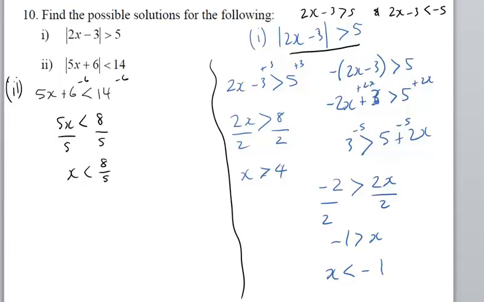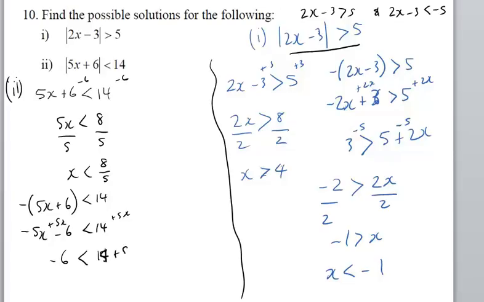For our second case, if we look at our negative, so we have 5x plus 6, and we have a negative out the front, is less than 14. So minus 5x minus 6 is less than 14. So we can add 5x here. Minus 6 is less than 14 plus 5x.